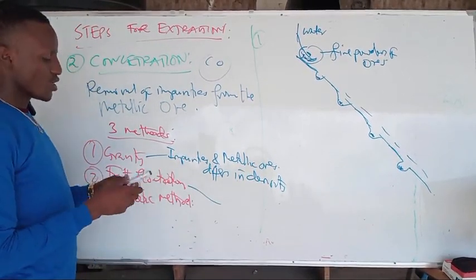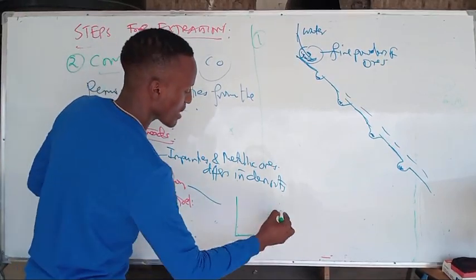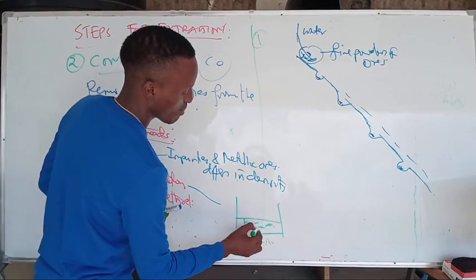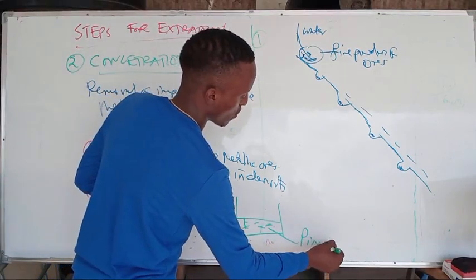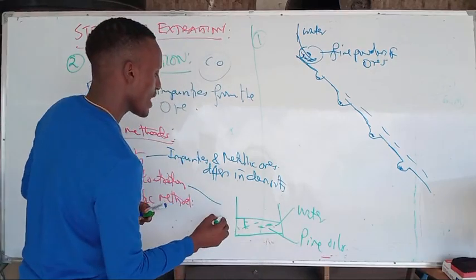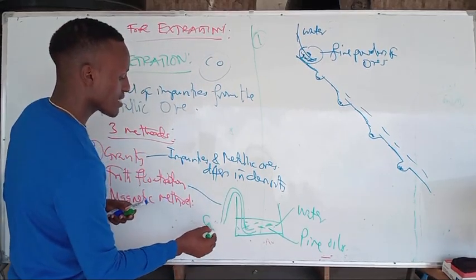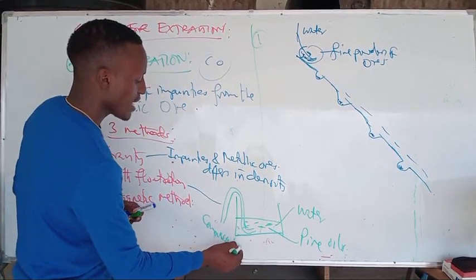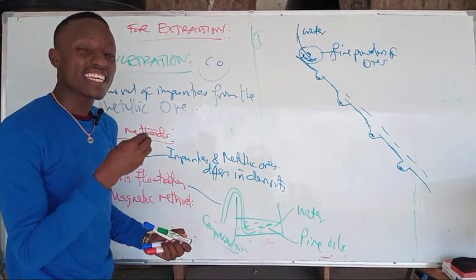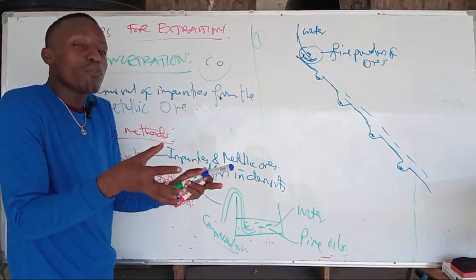So we take the fine powders, we mix the pine oil, we mix water, and then we allow compressed air to pass through this mixture so as to form the agitation, the emulsion. So when the emulsion is formed, the froth will be obtained on the surface.